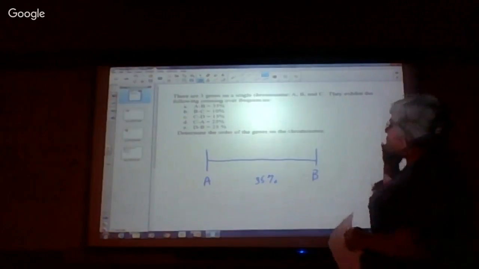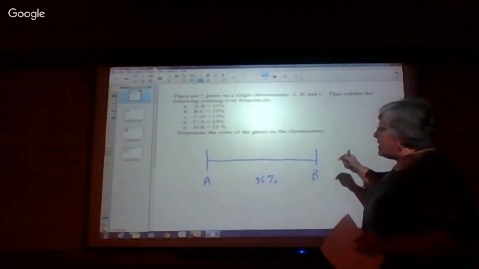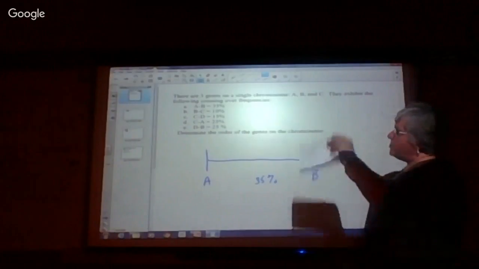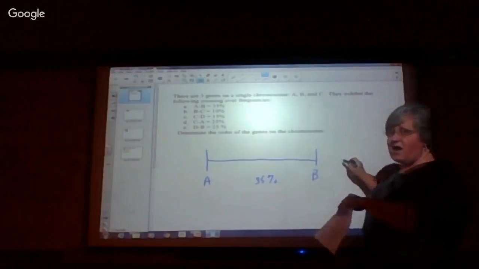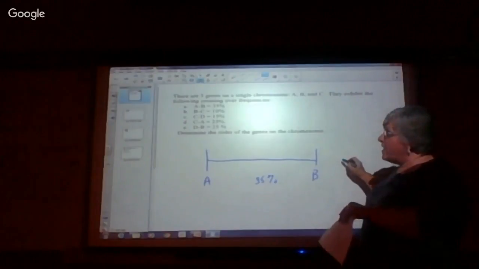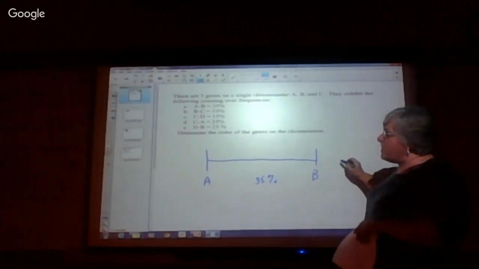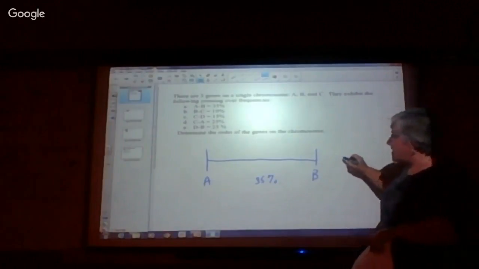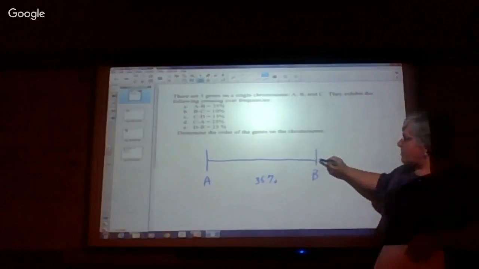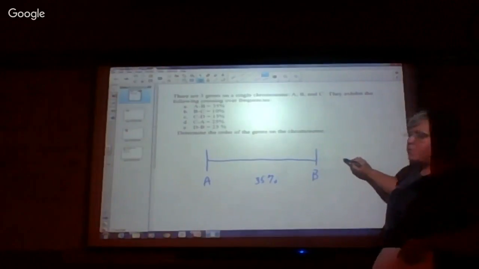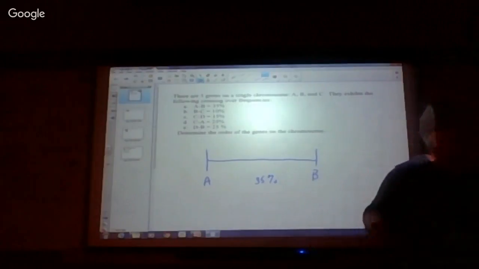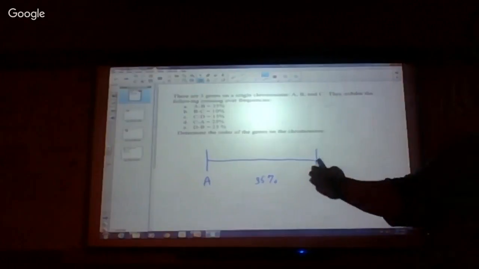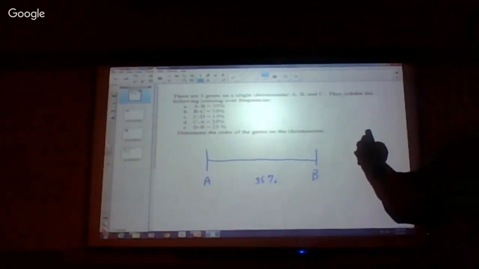Okay, so here's the thing. If I put my 10 map units over here for C, I'm going to look down and see what other percentages I have for C. And I noticed that in letter D, I have 25% for C and A. Okay, but if I put that here, well, this is already 35%. And if I go out 10 more percent, then that would be 45 map units between A and C. So it doesn't make any sense to put it after C or after B. Okay, does everybody follow?